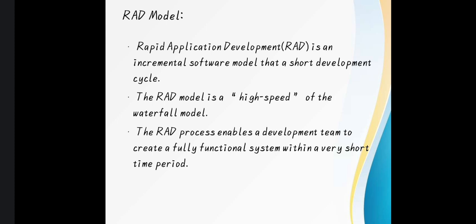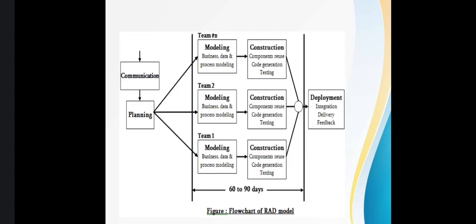Next model is RAD model. Rapid Application Development is an incremental software model that has a short development cycle. The RAD model is a high-speed version of the waterfall model. The RAD process enables a development team to create a fully functional system within a very short time period.